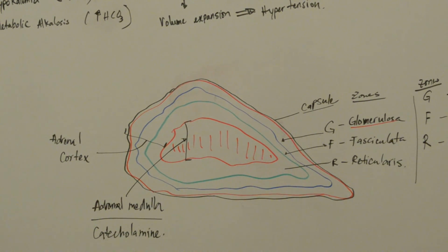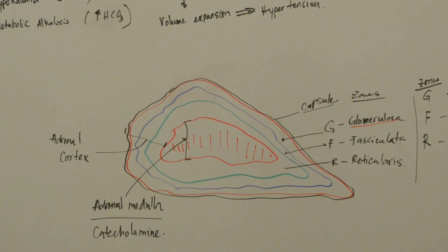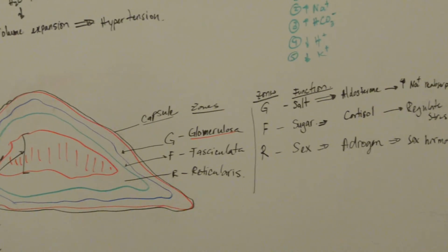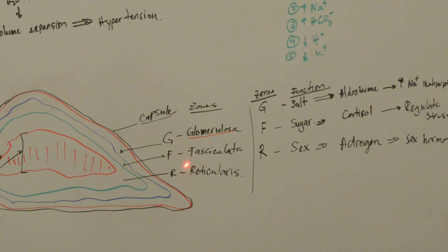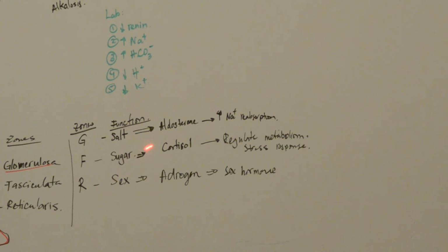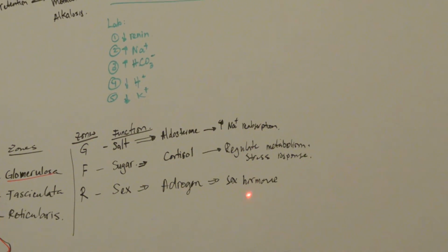The adrenal cortex is divided into 3 different layers. The first layer is the glomerulosa, the second layer is the fasciculata, and then the reticularis right here, and so these are the layers and their functions. All right.